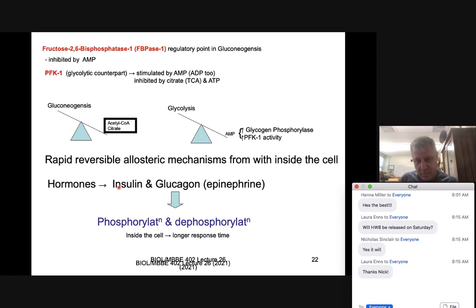Because here, with insulin, glucagon, and epinephrine, it's this issue of phosphorylation and dephosphorylation that happens in regards to the process of regulation. This happens inside the cell, but the communication from outside the cell by the hormones takes a significant amount of time, compared with having localized materials, such as the fructose 2,6-bisphosphate moiety, which is already in the system, already in the cell, already localized, having the capacity to have a similar effect in regards to the regulation of glycolysis and gluconeogenesis.